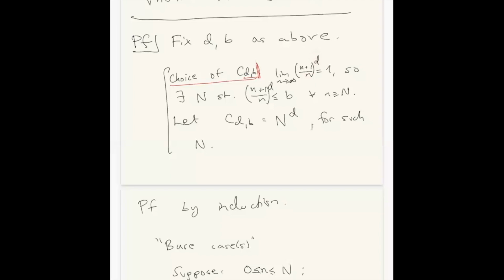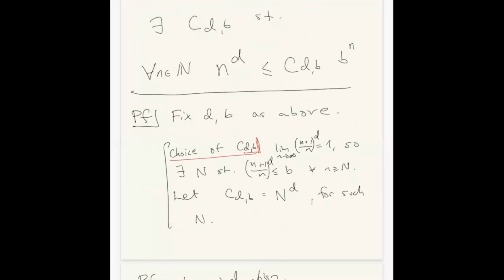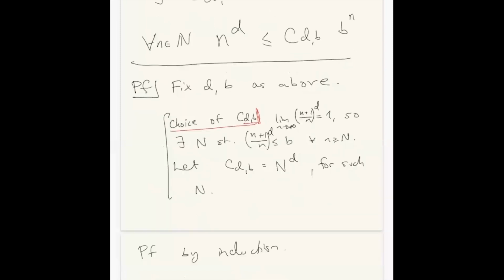So there exists a capital N such that ((n+1)/n)^d is always less than or equal to b, because b is strictly bigger than 1, for all n bigger than N. Now we fix such an N, and we let C_{b,d} be N^d.